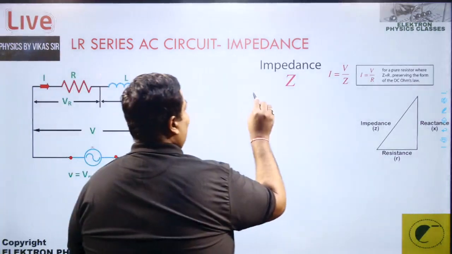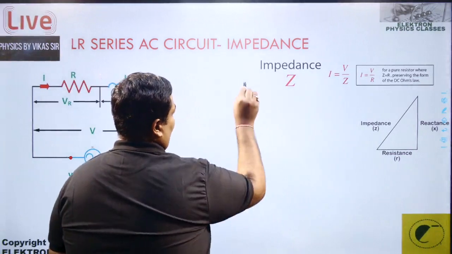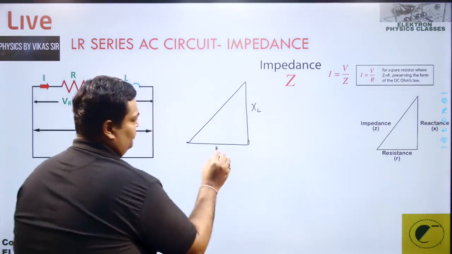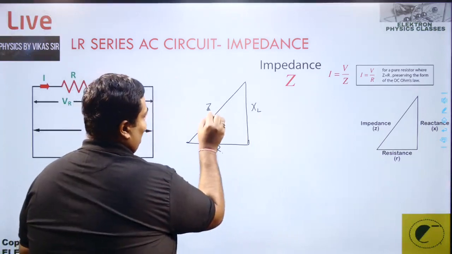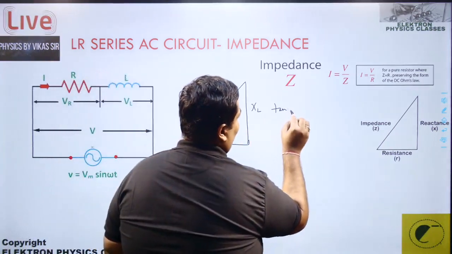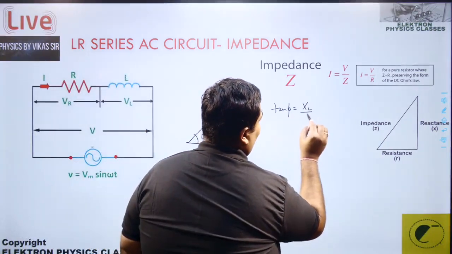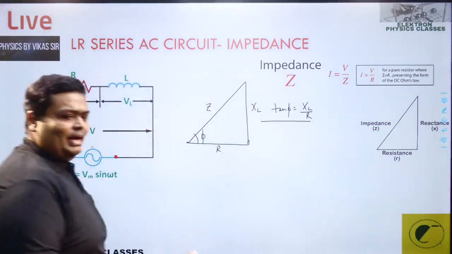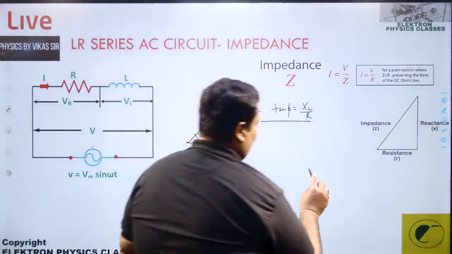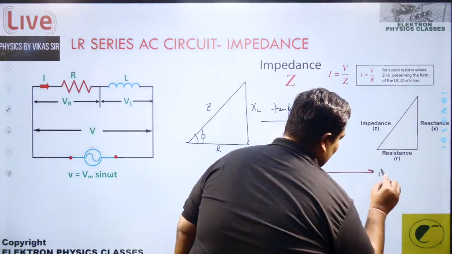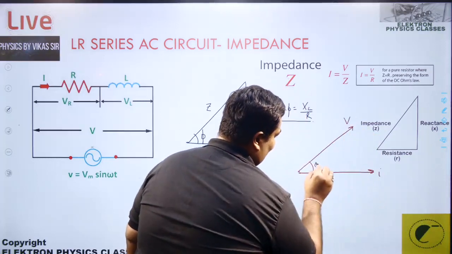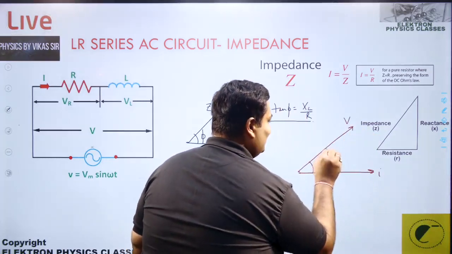So we construct the impedance triangle, where here we have XL, this is R, this is Z, and this is phi, and we calculate the value of tan phi equal to XL upon R. From the resultant diagram, if this was the current, then this is the net voltage, and there is a phase difference of phi, and the voltage is leading.